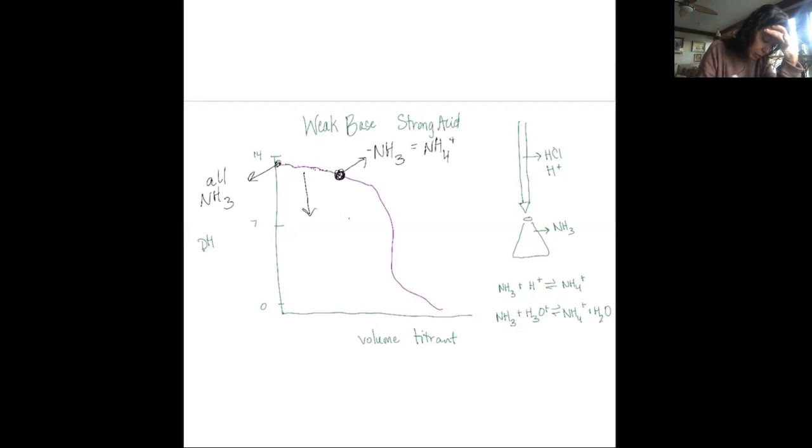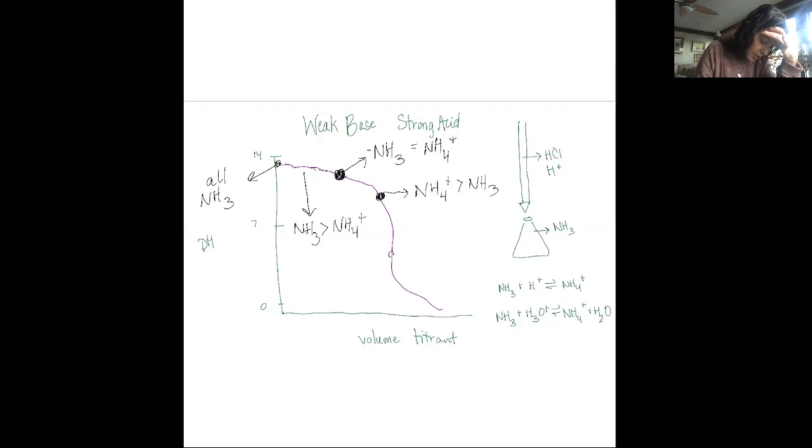Beyond that, the ammonium is greater than the ammonia, and prior to that, the ammonia was greater than the ammonium. At the halfway point, they're equal. At this point, we've got less base, more conjugate acid.